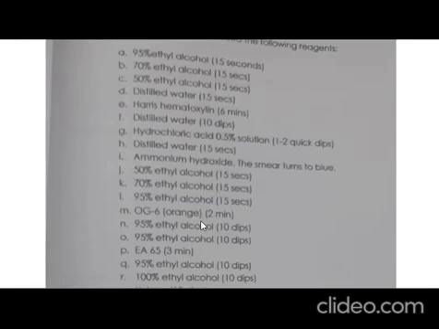Okay? Now, after subjecting it to OG6, you immerse it to 95% ethyl alcohol. So the purpose of this one, this 95% ethyl alcohol, is to rinse our OG6. Then after rinsing, we proceed with EA65. So your EA65 is also a cytoplasmic stain.